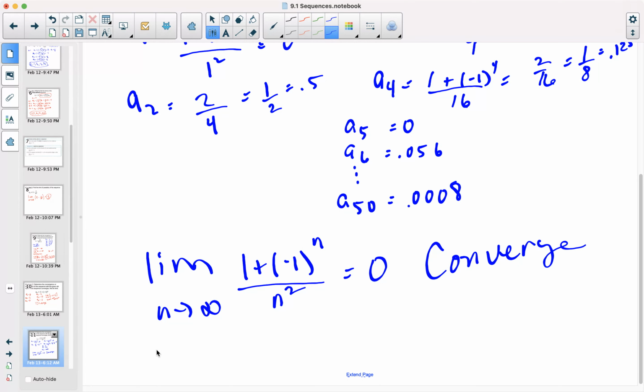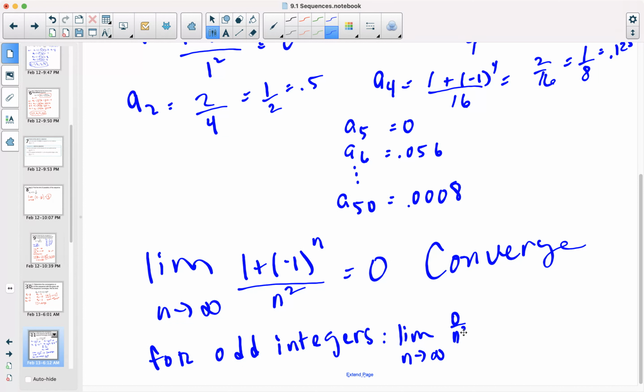But let's make sure you understand, because this is going to happen a lot on different sequences. For odd integers, look what's happening. For odd, it's always going to be 0 over n squared, which is 0.